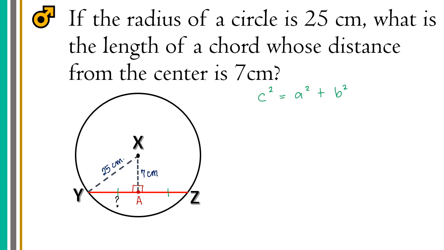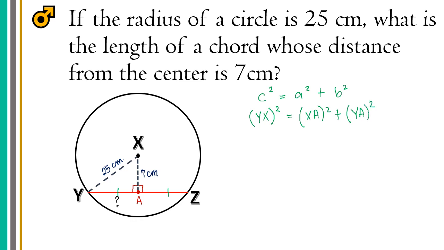So we all know c refers to our hypotenuse, which here in our illustration refers to the measure of line segment YX. And how about for a? It refers to the measure of our line segment XA. And for our b, that is what we're looking for, and that is the measure of YA.